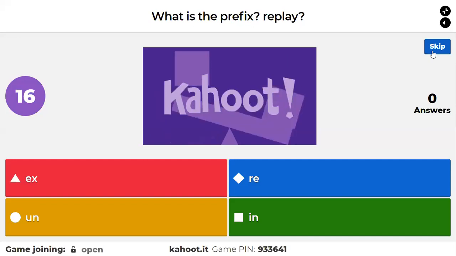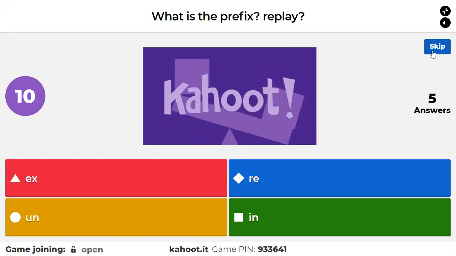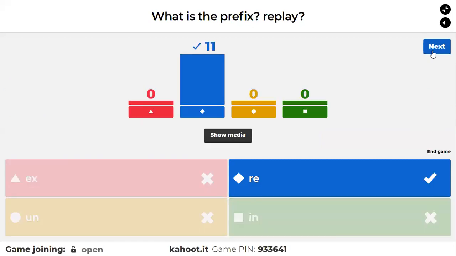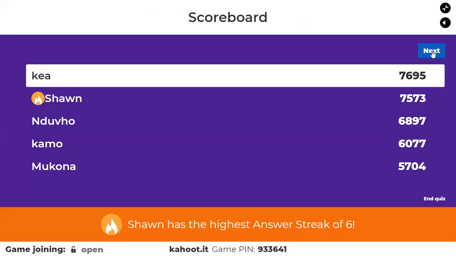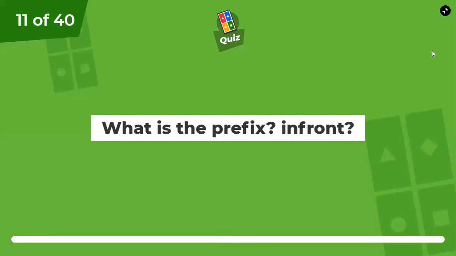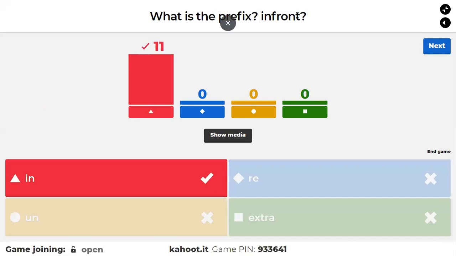Is it red EX, blue RE, yellow UN, or green IN? Yes, it's blue, the RE. The next one. What is the prefix to the word in front? Is it red IN, blue RE, yellow UN, or green extra? Yes, it's IN.